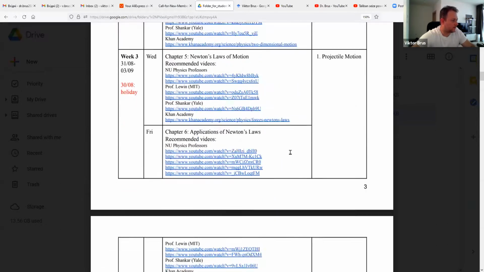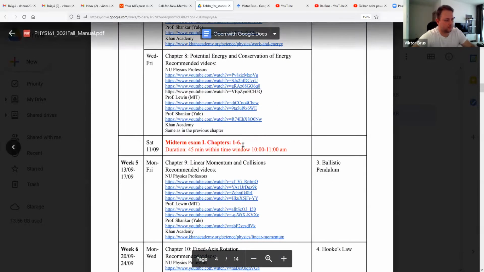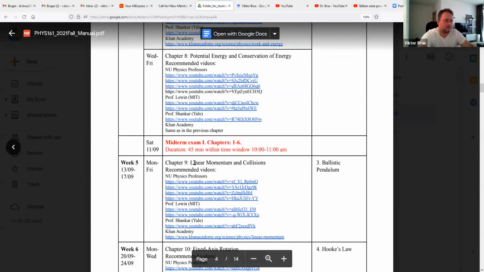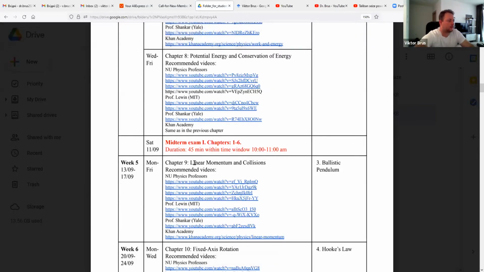We can see that our midterms are also mentioned here. So we will have it on Saturdays in order to avoid any possible interference with other courses. For instance, our first midterm exam will be on September 11th. You will be given this time interval between 10 and 11 a.m. And within this time interval, you can log in to LongCAPA, and since the moment when you start the exam, you will get 45 minutes to finish it.